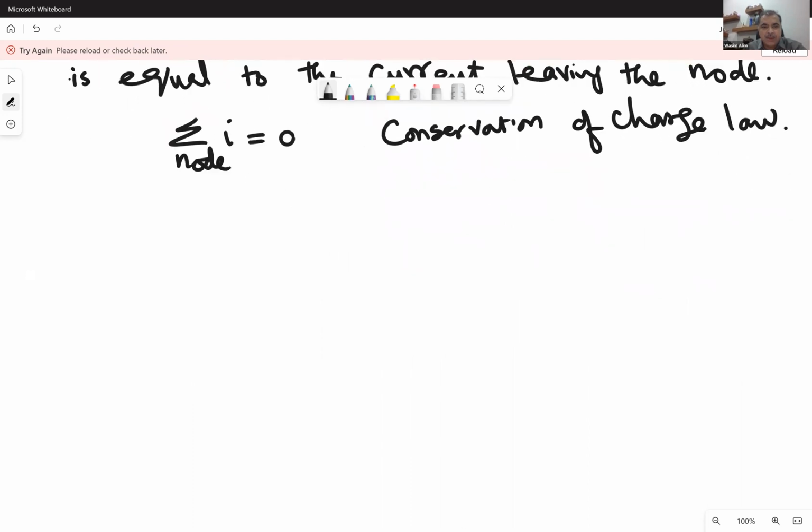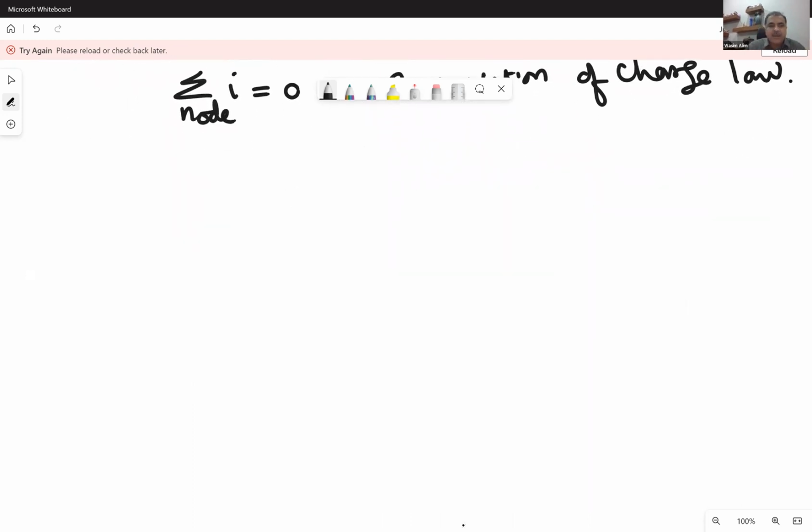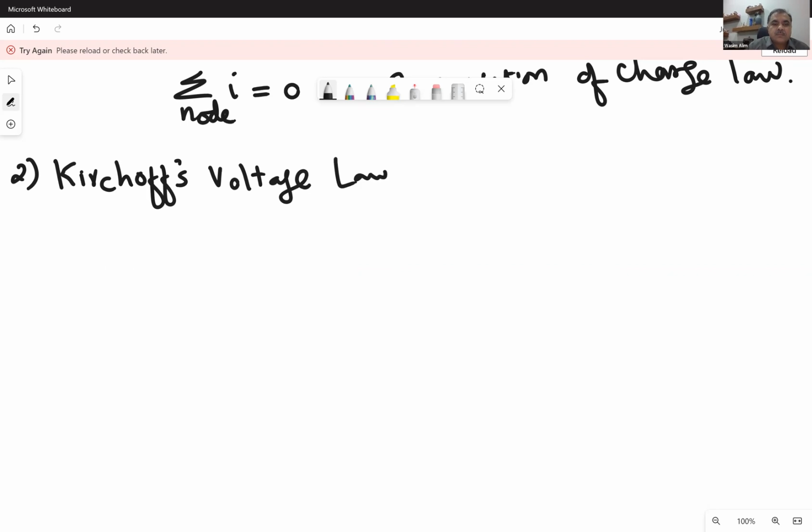The second law that Kirchhoff described was Kirchhoff's voltage law, or KVL for short, and it's a conservation of energy law.